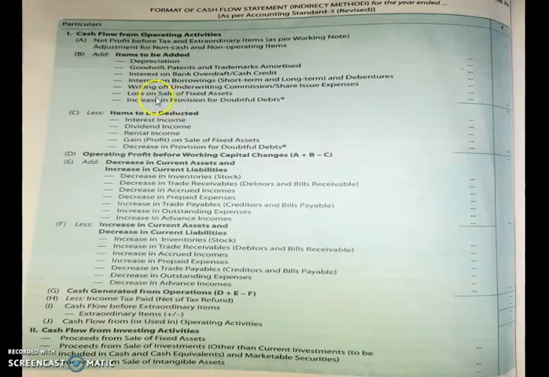Sometimes there will be nothing, so you don't have to add anything. If it is given, then you have to add. So this list of items you have to learn by heart, and in the same way the list of items to be subtracted also has to be learned by heart. So plus and minus, after doing that you will get operating profit before working capital changes.